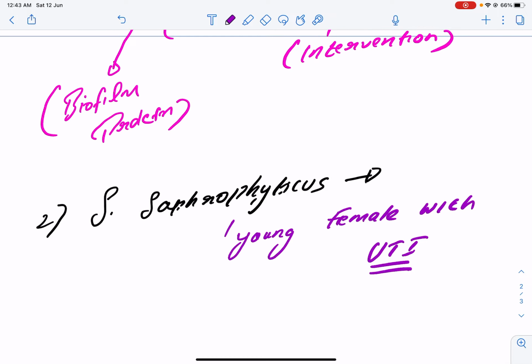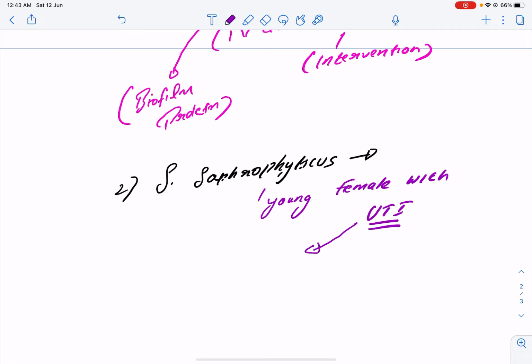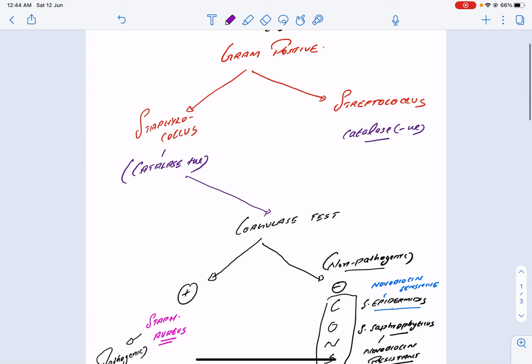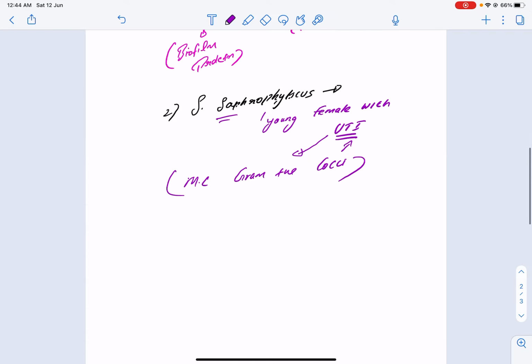Or remember, who is the most common gram positive cocci causing UTI? Your answer is Staphylococcus saprophyticus. So that's all we have to remember as high yield from CONS or coagulase negative Staphylococcus.